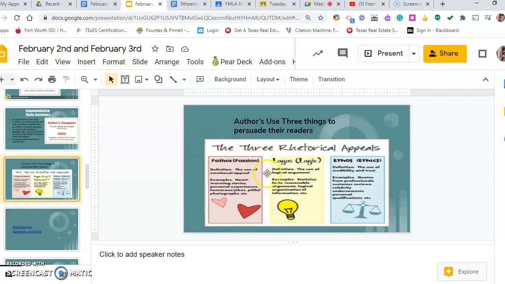Logos is appealing to your logic, so they use logical arguments such as statistics, facts, reasonable arguments, logical organization of information, studies, etc. Lastly, ethos or ethics, they use credibility and trust, such as quotes from professionals, customer reviews, celebrity endorsements, and personal qualifications to appeal to your credibility and trust.